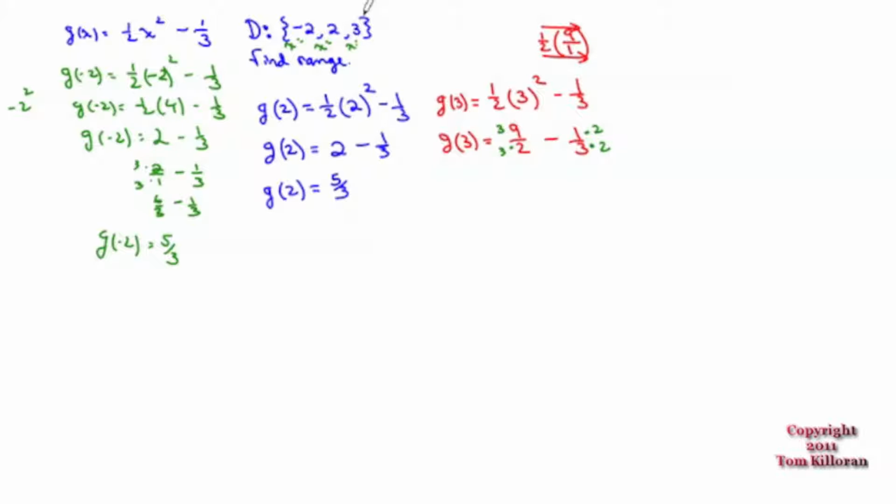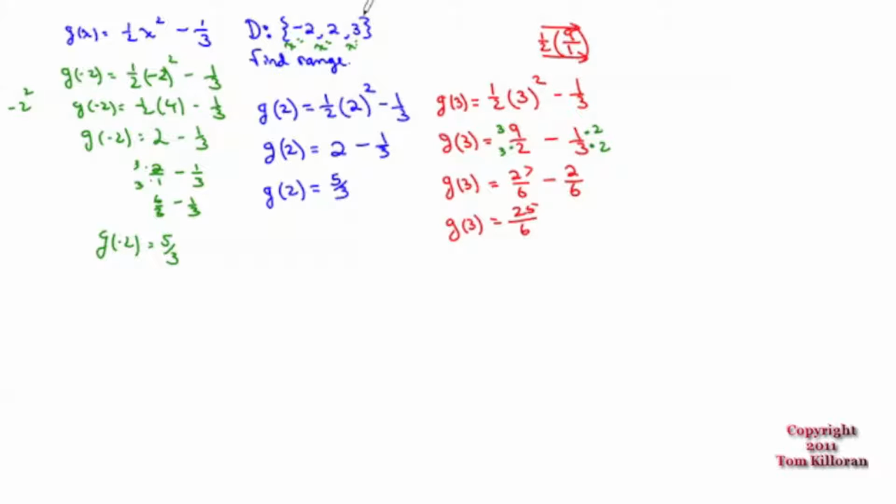That gives us g of 3 is equal to 27/6 minus 2/6, better known as 25/6.